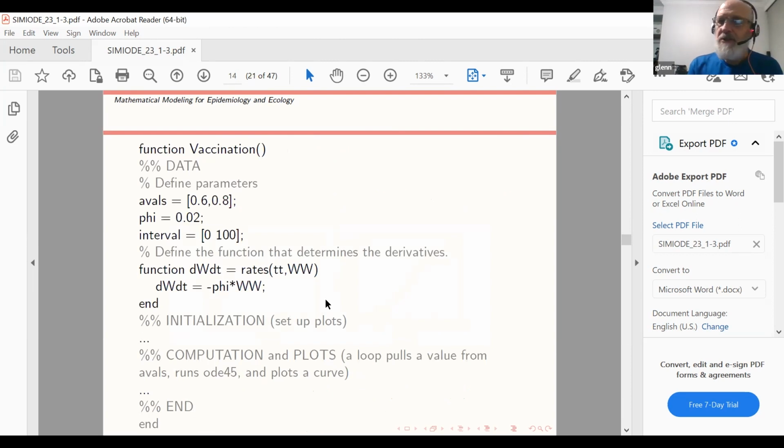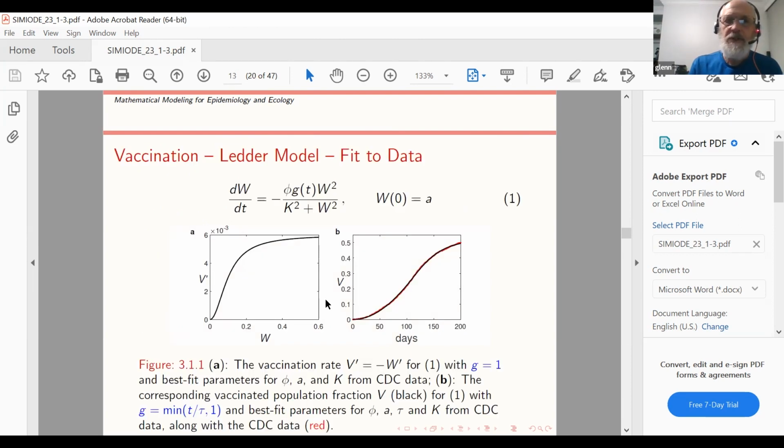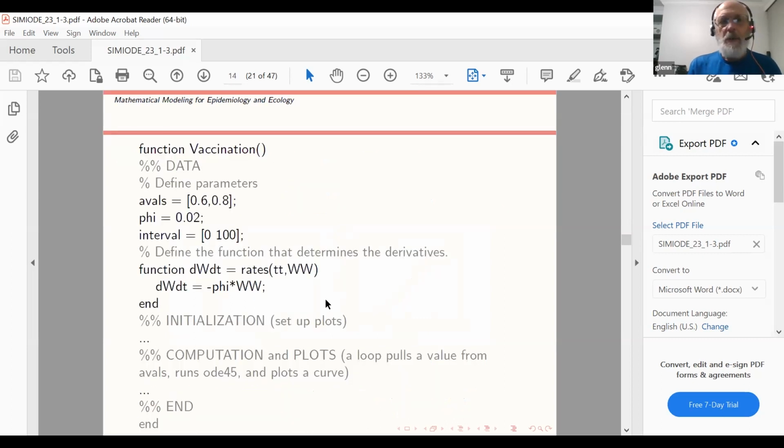Here is a program that students can use to reproduce this graph. So my program doesn't actually produce that graph. What this program does is it takes the simplest vaccination function and uses 2 different values of A. So in order for students to change this, they need to get rid of one of the values of A. They need to add lines for K and tau, the additional parameters, and they need to replace this right-hand side here with the appropriate function.